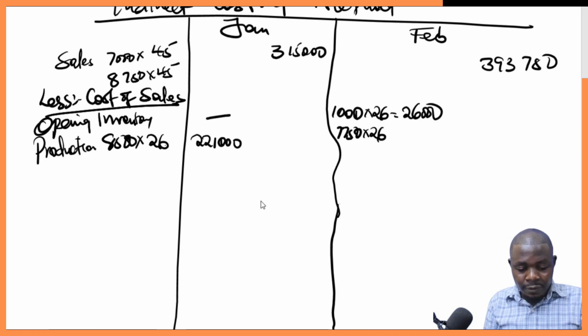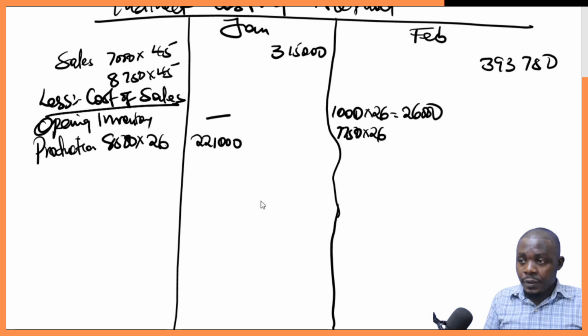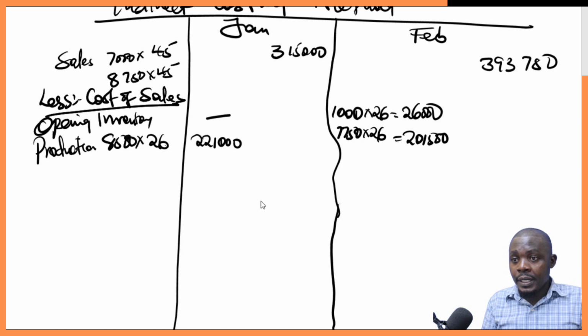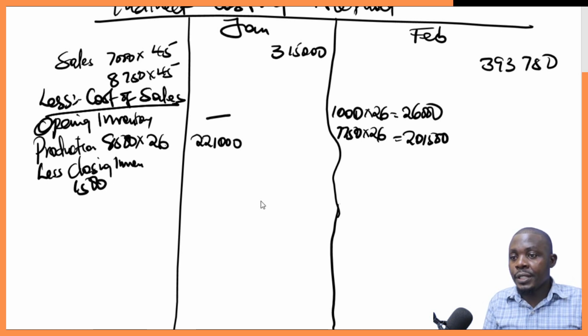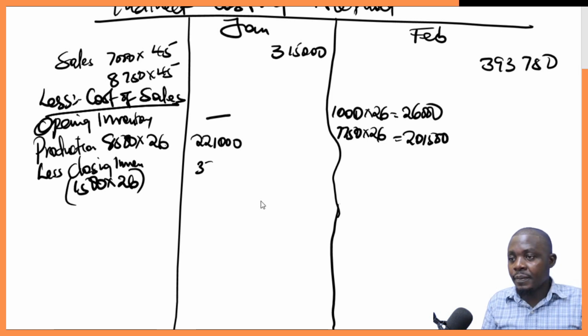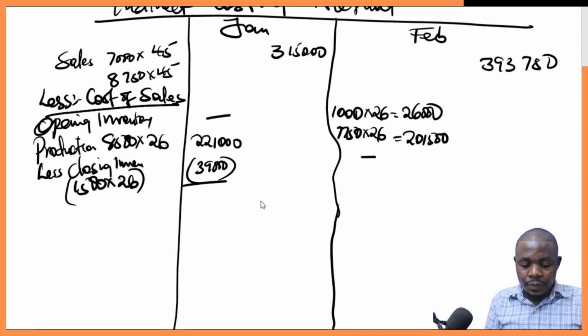Then what about 750 multiplied by 26? Get 201,500. Then we had less closing inventory. We had 1,500 multiplied by 26. We had 39,000, and there we didn't have anything up to 2100 minus the answer.